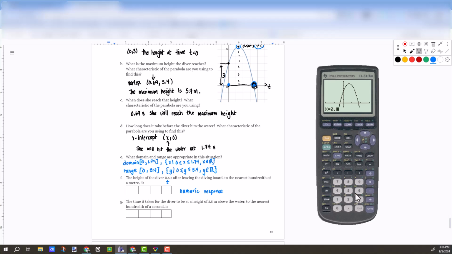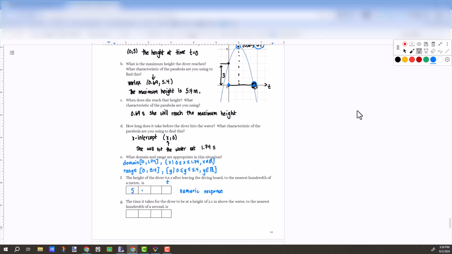We can put 0.6 right there and hit enter. When we do that and write down our answer, we get 5.316, but it says to the nearest hundredth, so 2 decimal places. So we're going to round it and write this as 5.32.